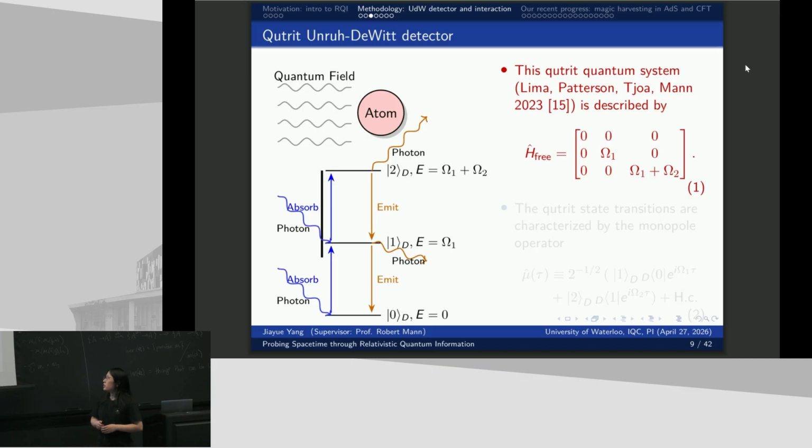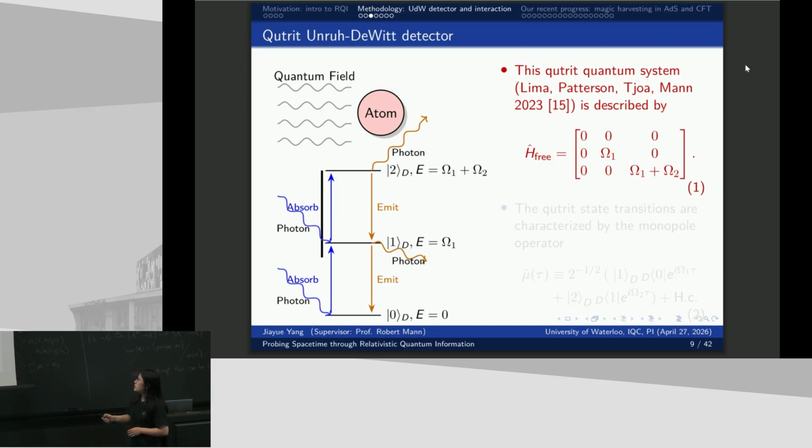In the following slides, I will consider a qutrit Unruh-DeWitt detector. The reason why I'm interested in a qutrit Unruh-DeWitt detector will be explained later. This qutrit Unruh-DeWitt detector is just a three-level quantum mechanical system, and it can be described by this free Hamiltonian. You have your ket 0, ket 1, ket 2 with energy eigenvalues 0, omega 1, and omega 1 plus omega 2.